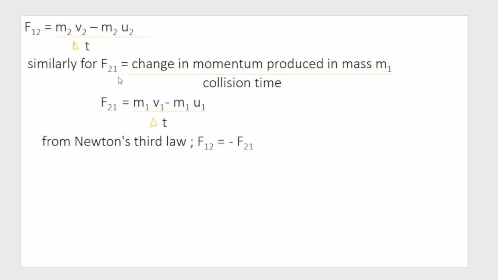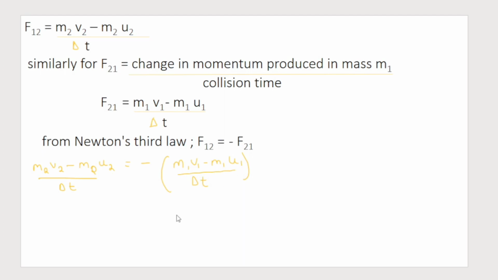Similarly, F21 is equal to the change in momentum produced in mass m1 by the collision time, so we get F21 is equal to (m1 v1 minus m1 u1) by delta t. From Newton's third law, F12 is equal to minus F21, so using these values we get (m2 v2 minus m2 u2) by delta t equal to minus (m1 v1 minus m1 u1) by delta t.